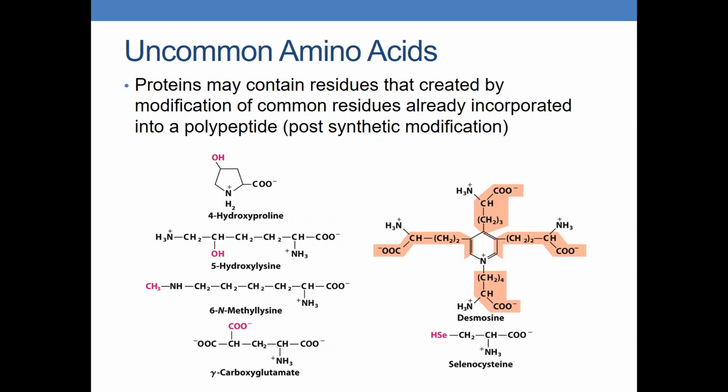Now, there are other examples. Selenocysteine is a very good example. Pyrrolysine is another example too, but here we're focusing on selenocysteine. So selenocysteine is not a post-synthetic modification. It's a rare amino acid that is not created through post-synthetic modification.